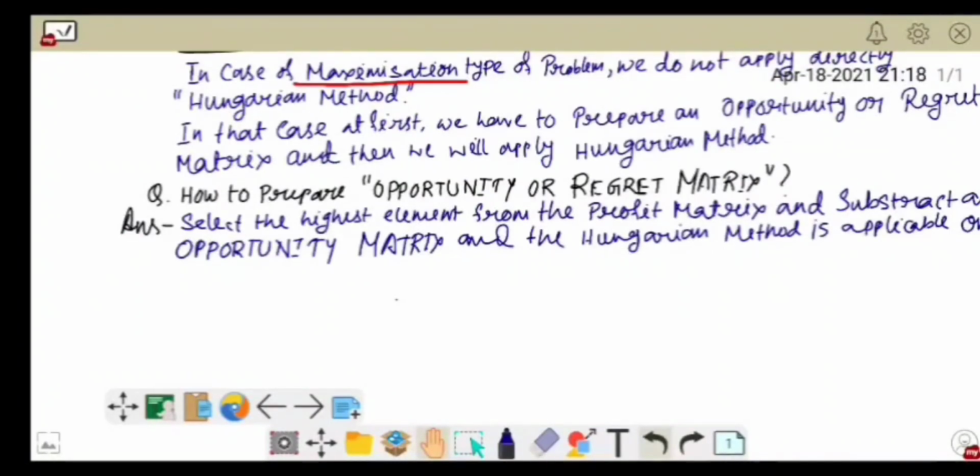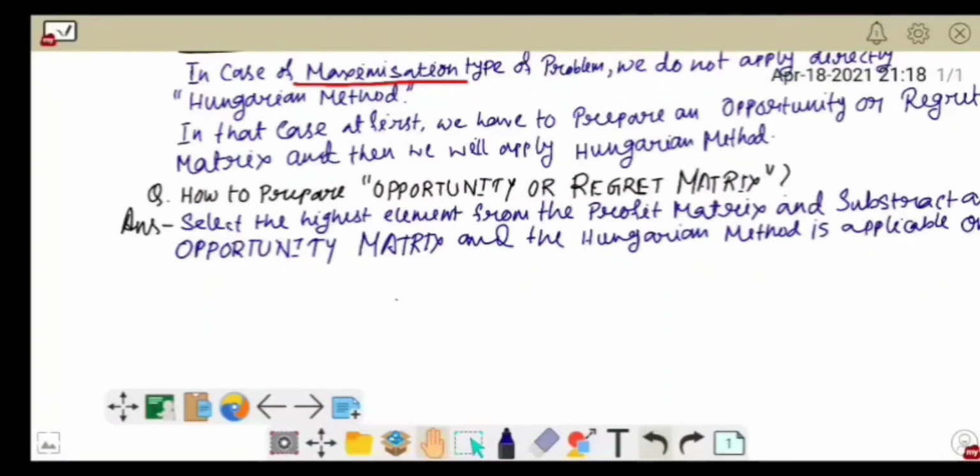maximization type of problem. Okay, so now I will give you some hint to understand the cost matrix. What is a cost matrix and what is a profit matrix? Cost matrix means, guys, please remember that and try to revise it every time, cost matrix means a minimization type of problem, because every company, every manufacturer wants to reduce their cost, so wants to minimize their cost.